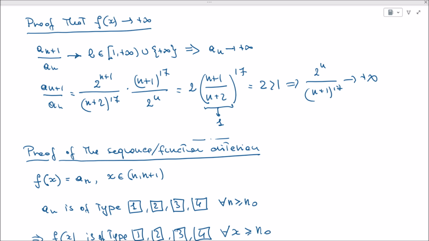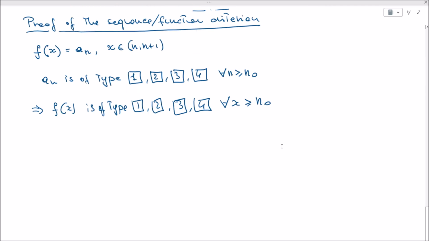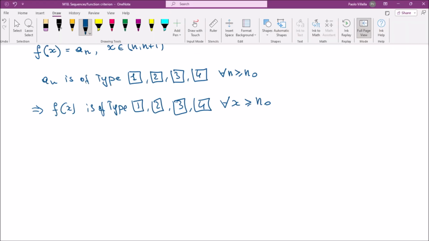So again, we can say that the function definitively has exactly the same behavior. So that implies that it has the same limit as x goes to plus infinity. Okay, let's now start to apply this criterion and see this in practice.